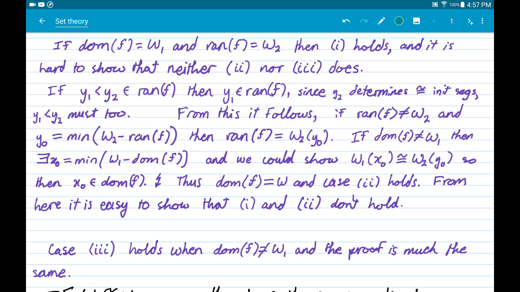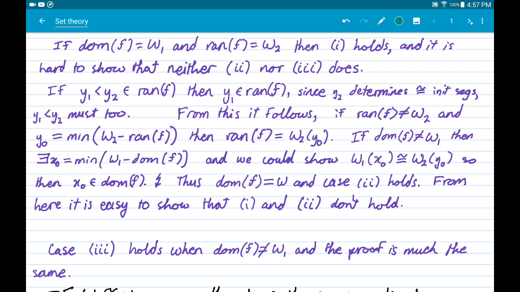Let's then assume that the range of f is not equal to w2, and we will then argue that the domain of f must be equal to w1, and we'll take it from there.